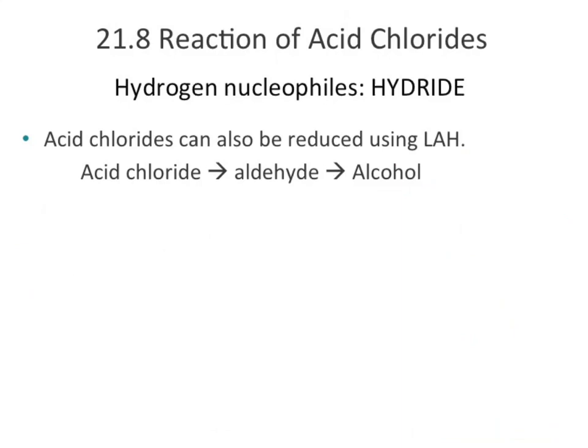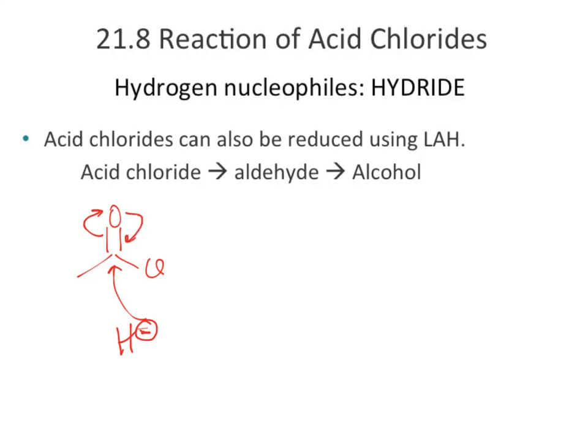Okay. The issue with lithium aluminum hydride, if we start with the acid chloride and we try and reduce this. There's our acid chloride, and we add hydride. Where does the hydride attack? Our carbonyl carbon. Now what happens? Break the pi bond, but then what happens?